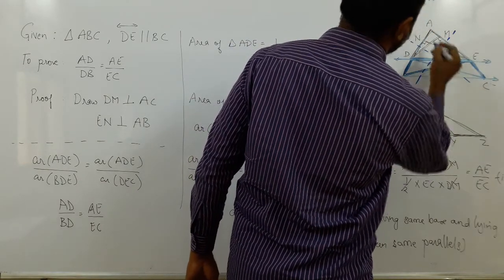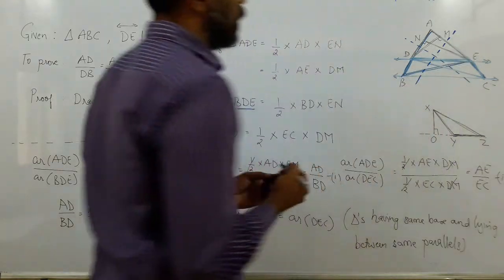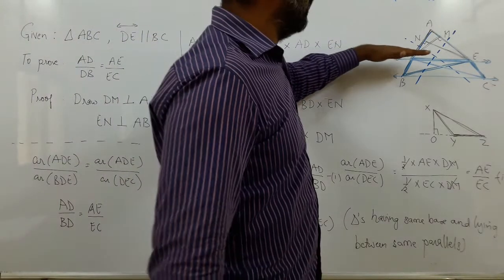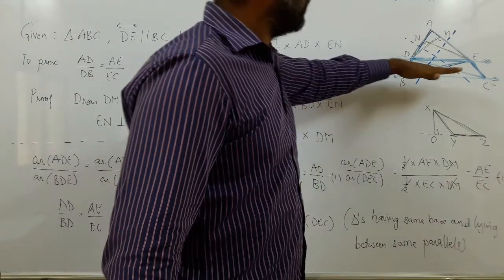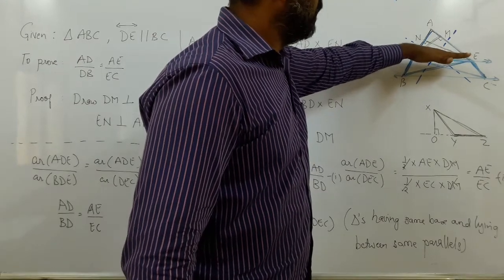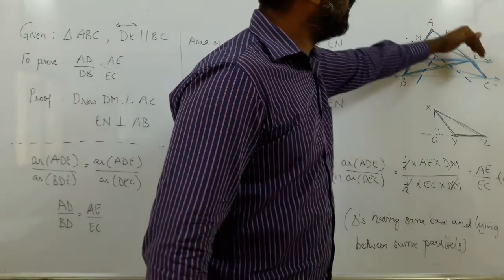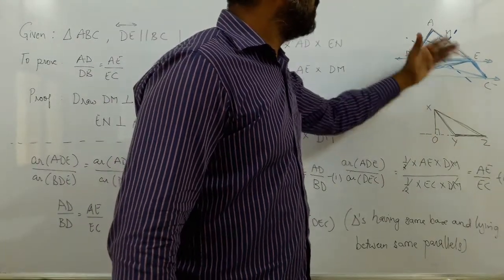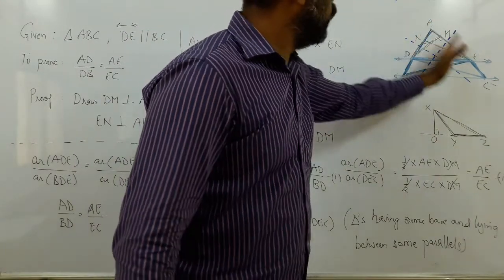So I can draw any line the way I want. But the theorem: if a line is drawn parallel to one side of a triangle that intersects the other two sides in two distinct points, then the line divides the two sides in equal ratios.